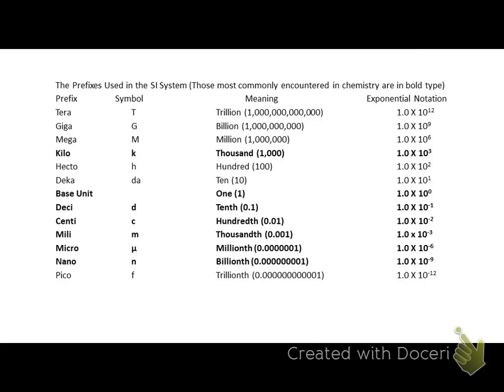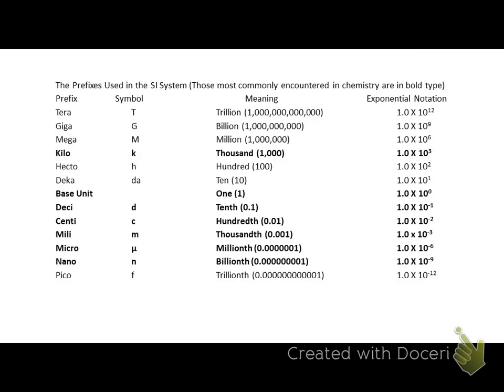Alright, so let's dive a little bit more into the metric system. Hopefully the metric system, or the SI system, you have spent many years doing in your different math classes or other science courses you've taken, and so hopefully this is somewhat of a review, but I want to point out some important parts.